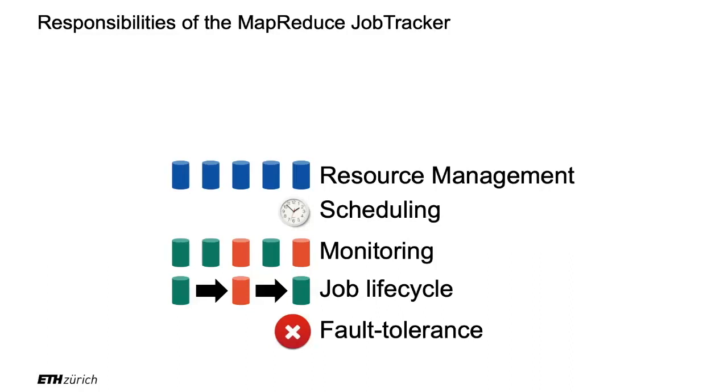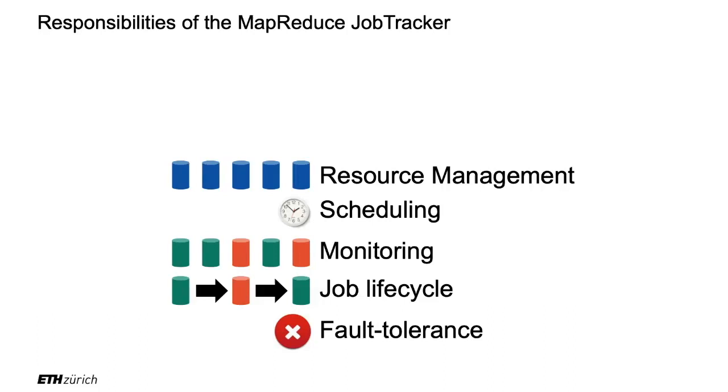It has to do the resource management, knowing which machines there are, how many task trackers, the memory they have, the CPUs they have, and so on and so on. It has to schedule the whole thing, like tell the task trackers to process what task. It has to monitor, and when it detects that a machine failed, it has to reallocate the work to somebody else, maybe restart the machine, and so on.